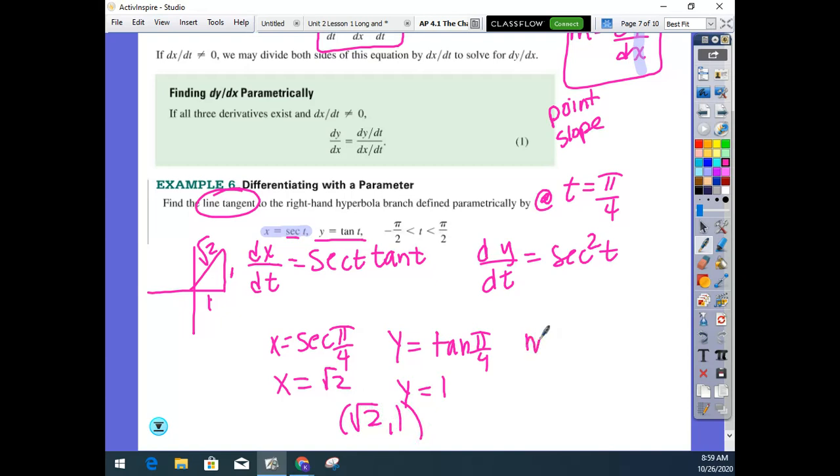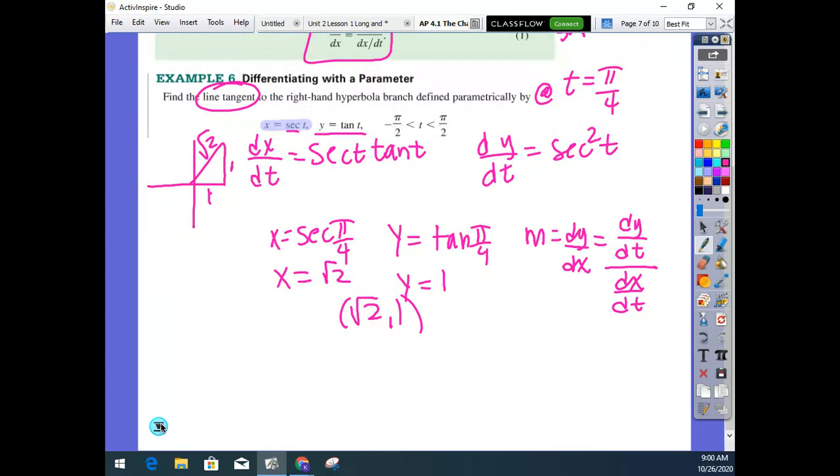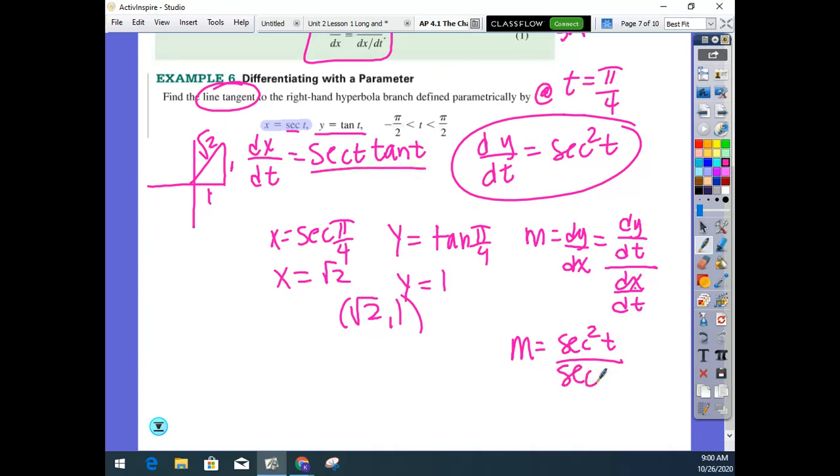My slope is dy/dx. This is the important part. This is where we find dy/dx by taking dy/dt divided by dx/dt. dy/dt is secant squared. dx/dt is secant tangent.